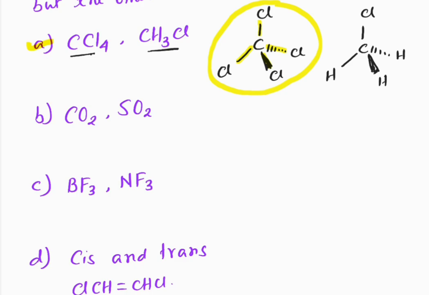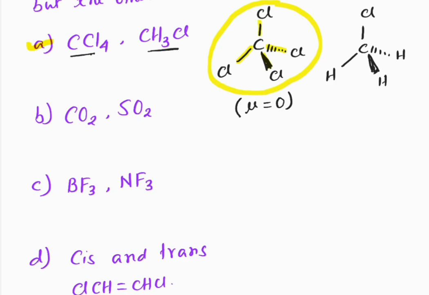And we know that in case of a symmetrical structure the dipole moment will be zero, because the vector addition of all the bond moments becomes zero. So in CCl4 the mu, that is the dipole moment, will be zero.